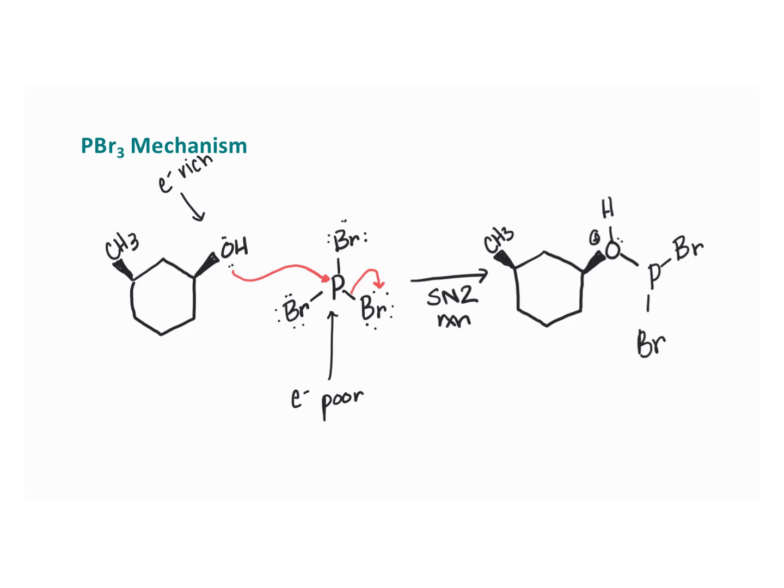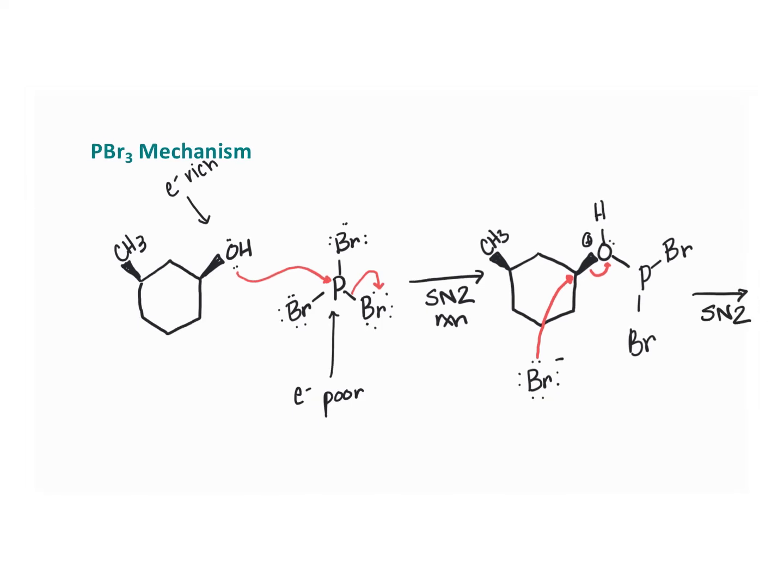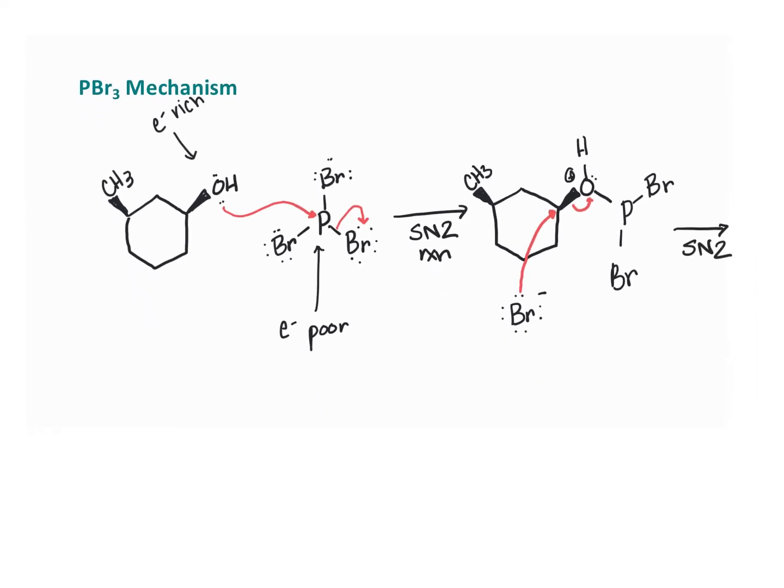Now, that bromine, of course, is still floating around, and can act as an electron-rich nucleophile and be attracted to the electron-poor carbon next to the oxygen, okay, through another SN2 reaction. So this guy comes up here, attacks here, and that goes off. And so we have another SN2 reaction. And now you've made your product.